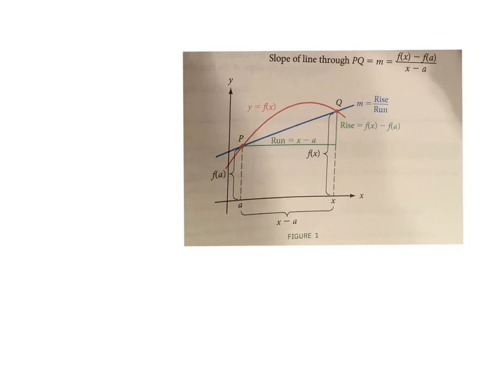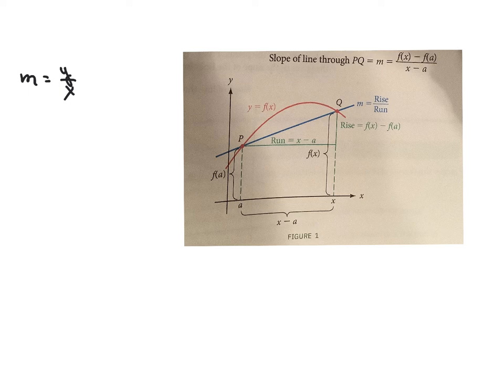So let's just look at the blue line here, and we just care about the slope. Now, if you remember, slope equals the change in y over the change in x, or y over x. So let's just look at y over x right now. That means it's this distance from here to here over this distance from here to here.